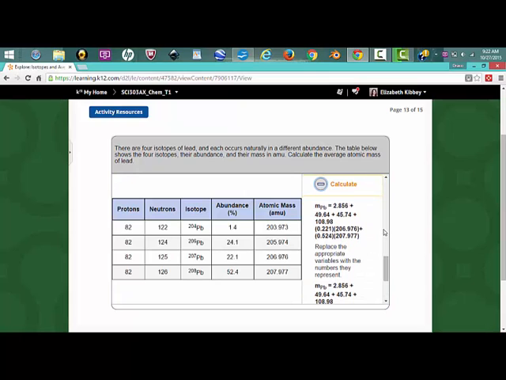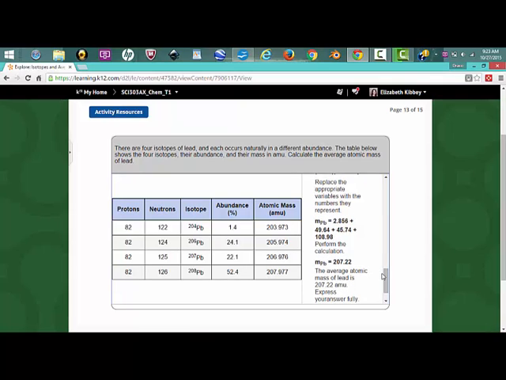Calculate. 2.856 plus 49.64 plus 45.74 plus 108.98, 0.221 times 206.976 plus 0.524 times 207.977.